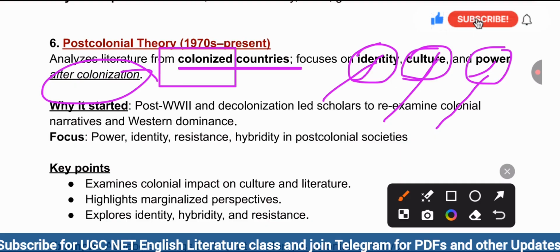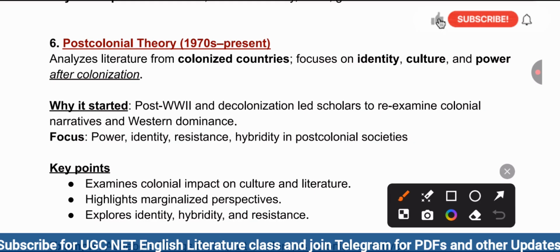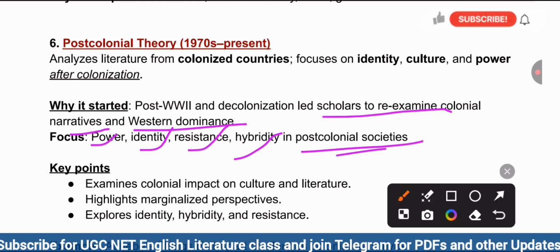So all these things disappeared somewhere. So after colonization, we analyze the literature from colonized countries from the post-colonial theory perspective. Why did it start? Post-World War II and decolonization led scholars to re-examine colonial narratives and Western dominance. Okay? It focuses on power, identity, resistance, hybridity in post-colonial societies.